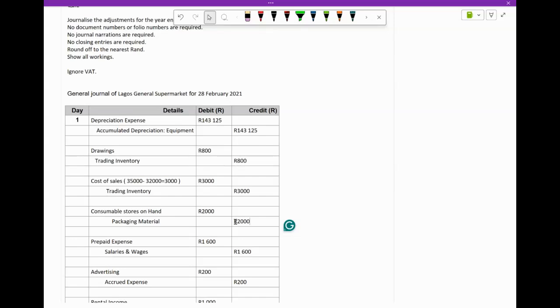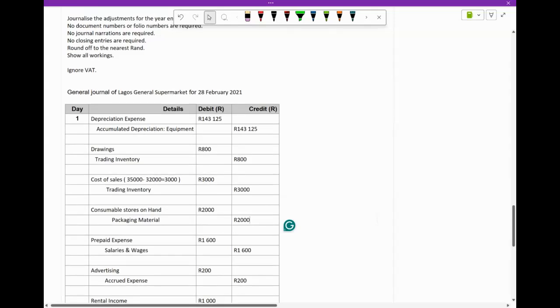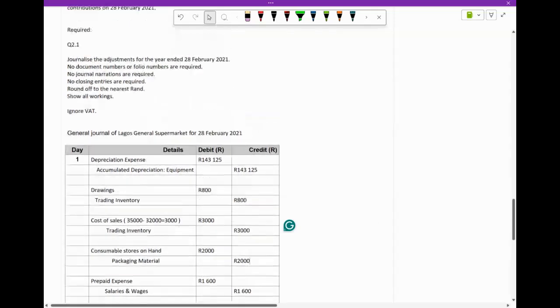We need to bring it down by 3,000. That's why we had to find the difference. Here we're saying, oh, we have 2,000 worth. So the adjustment needs to be worth that, because that whole 2,000 is a current asset that we can sell. So it's always about the context. Right. So that was that.